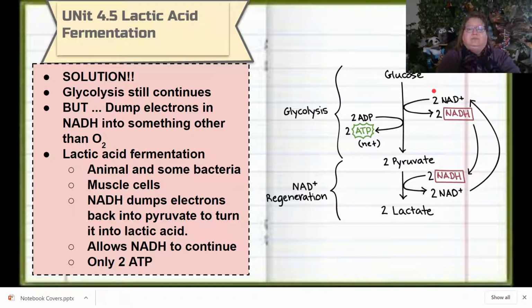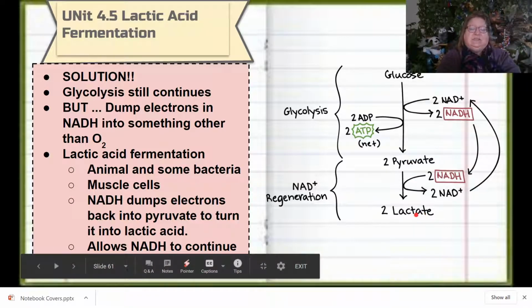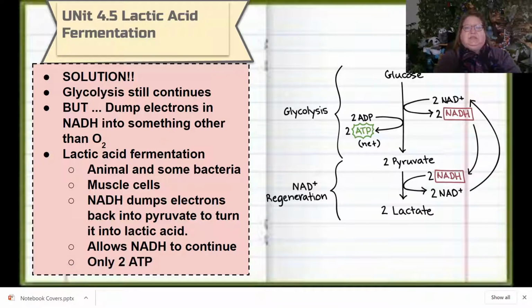In our muscle cells and some bacteria, what they will do is they will dump their NADH electrons back into pyruvate, and that will turn it to lactic acid. Now this says lactate, don't worry, same thing. Now, lactic acid is what causes your muscles to burn when you're really exercising hard.